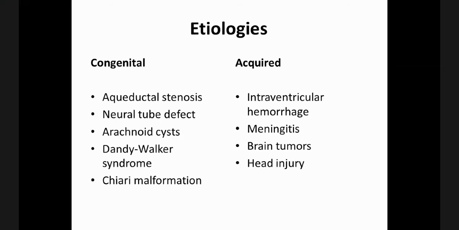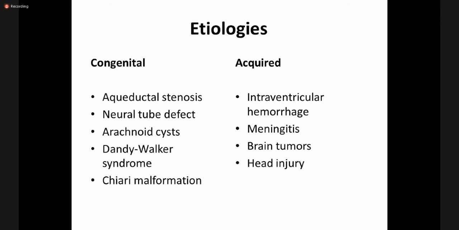What is the estimated prevalence of this hydrocephalus? It's 1 to 1.5 per 1,000 population. What are etiologies? It could be congenital, it could be acquired. What are the congenital causes? Aqueductal stenosis due to some infection or any prenatal maternal insult.